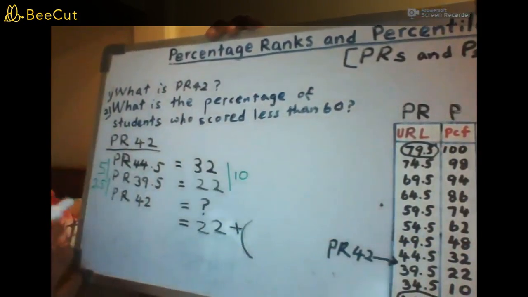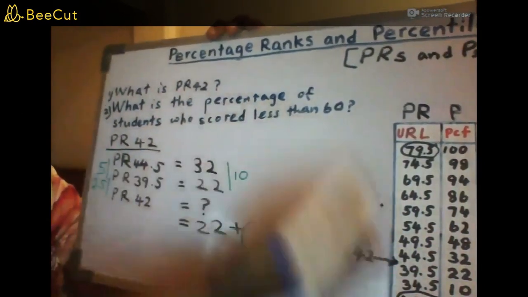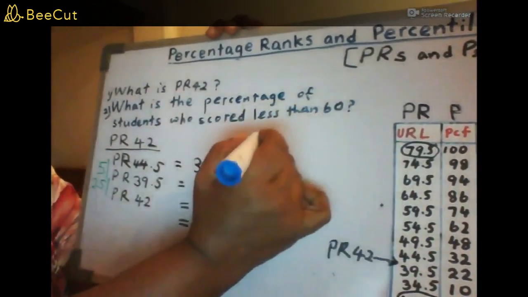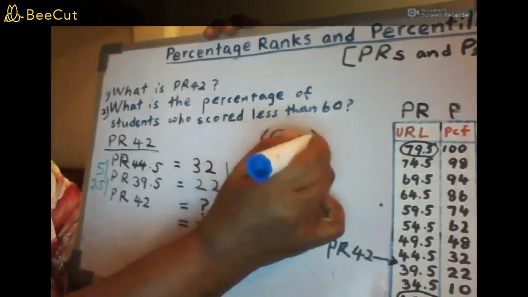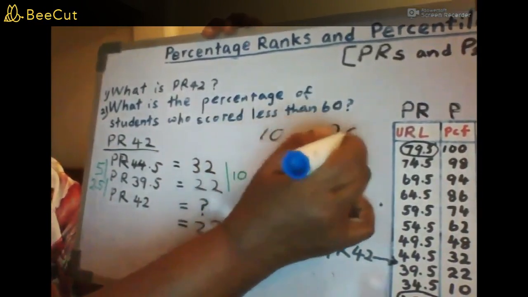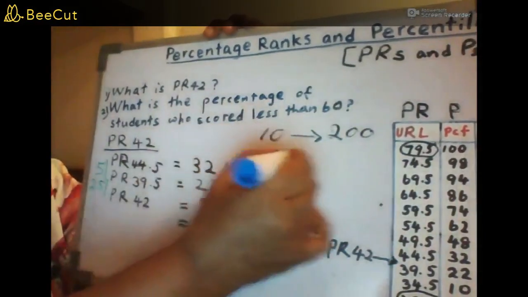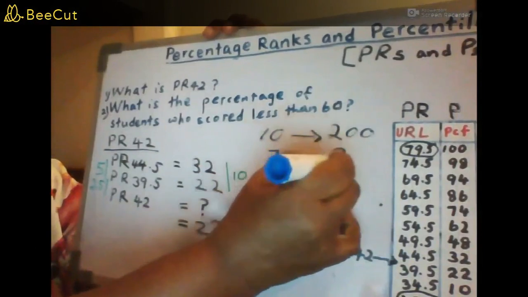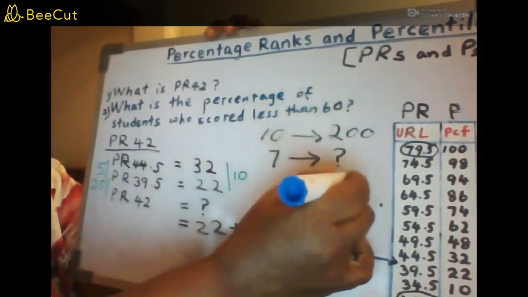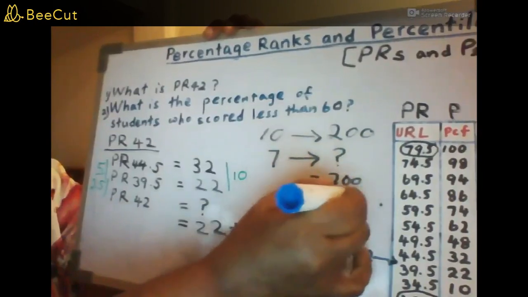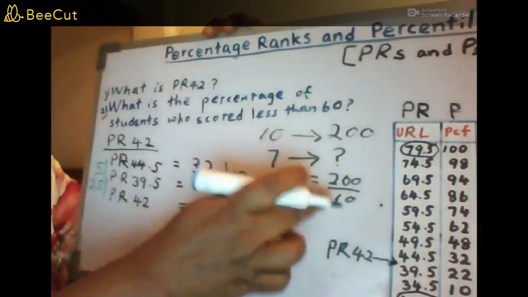Now how can you find that? It's like this. 10 mangoes are 200 rupees. We need 7 mangoes. So how much? What do you have to find? 200 divided by 10. Then we know the price of 1 mango.